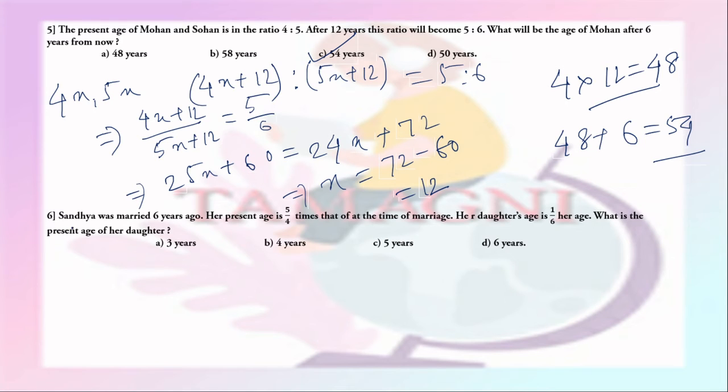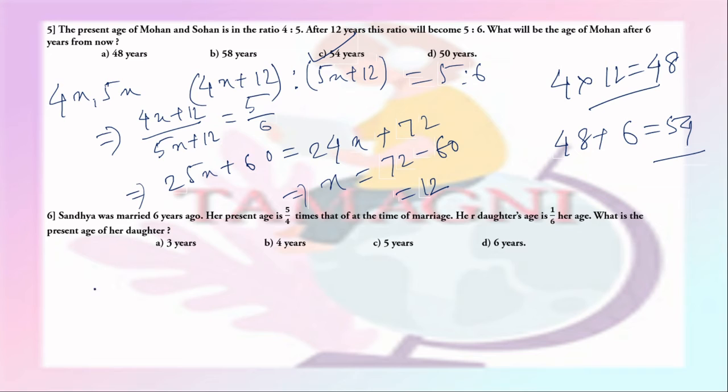Question number 6. Sandhya was married 6 years ago. Her present age is 5/4 times that at the time of marriage. Her daughter's age is 1/6 her age. What is the present age of her daughter?